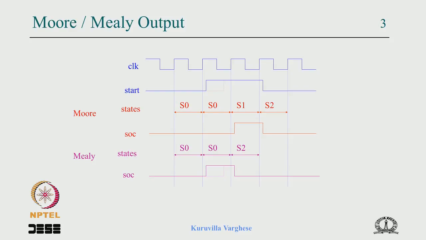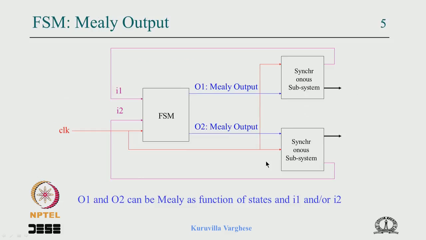That happens only when the input is not synchronous, and when the input is synchronous we could happily use these. Suppose in this case we are showing the FSM to a synchronous subsystem.